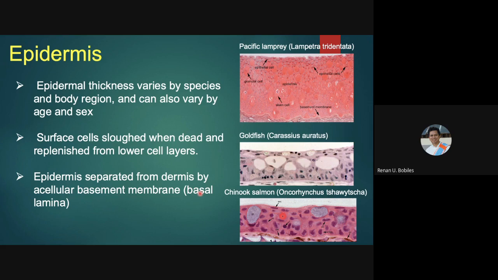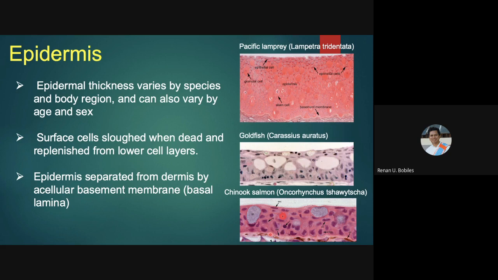It is a thin layer that separates the epidermis from the dermis. So makikita nyo ito, this is the epidermis, this is the dermis. Ito yung basal lamina. This one.